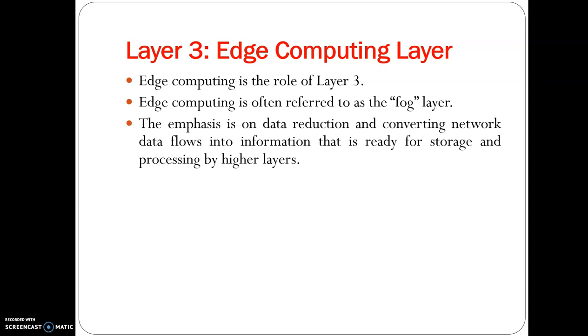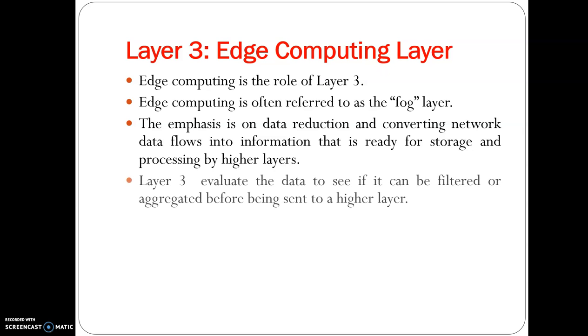At this layer, the emphasis is on data reduction and converting the network data flow into information that is ready for storage and processing by the higher layers. One of the basic principles of this reference model is that information processing is initiated as early and as close to the edge of the network as possible.